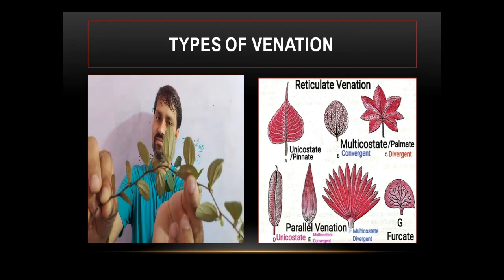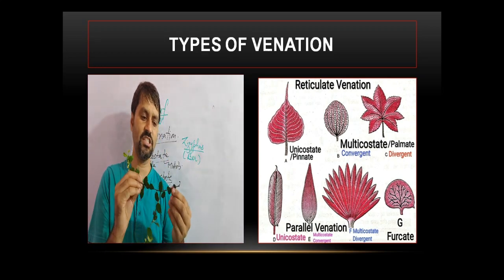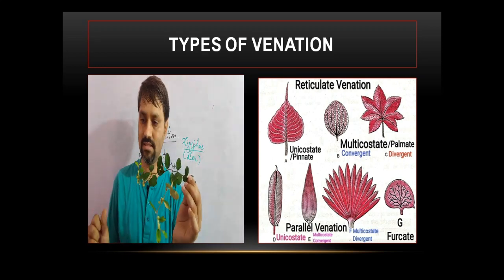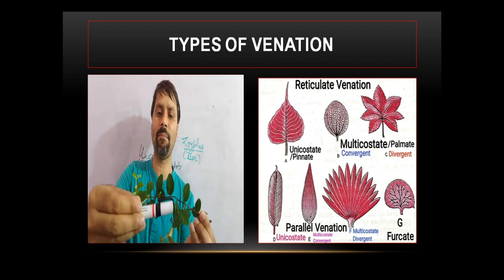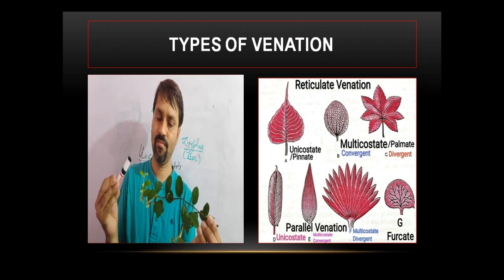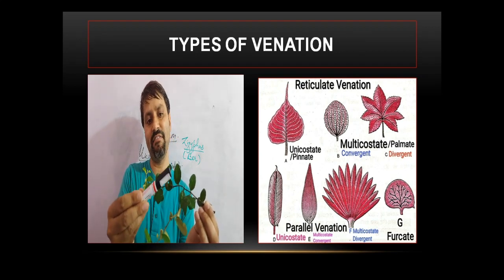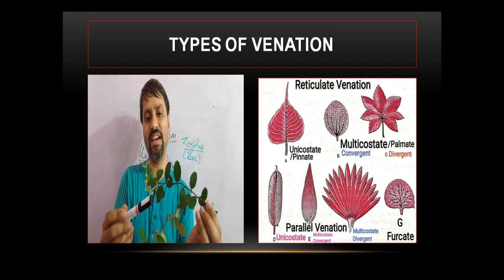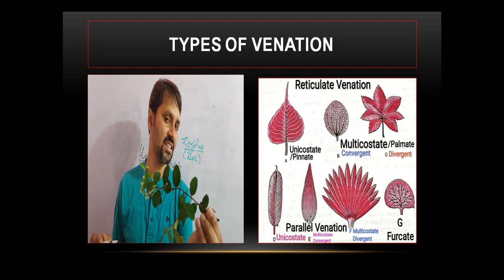Is it clear? You find in Ziziphus, that is ber, many midribs are running. From these midribs arise many veins, and from many veins there are many veinlets forming a network.